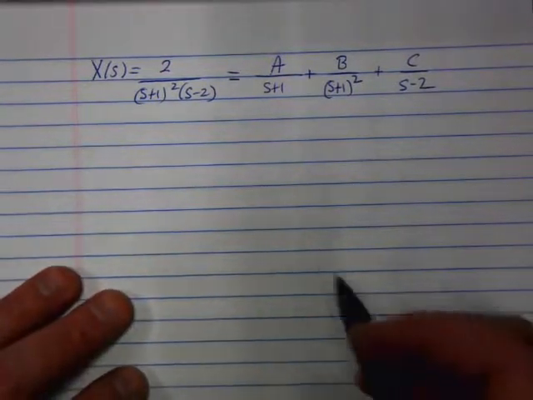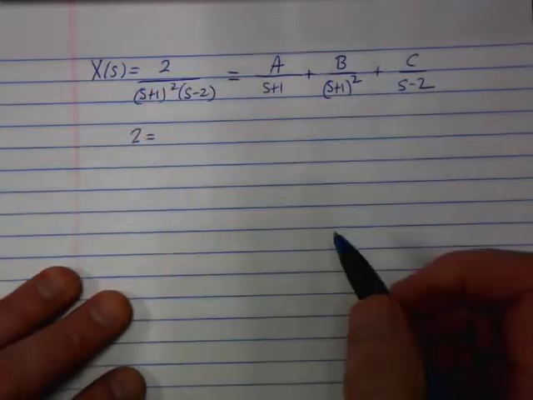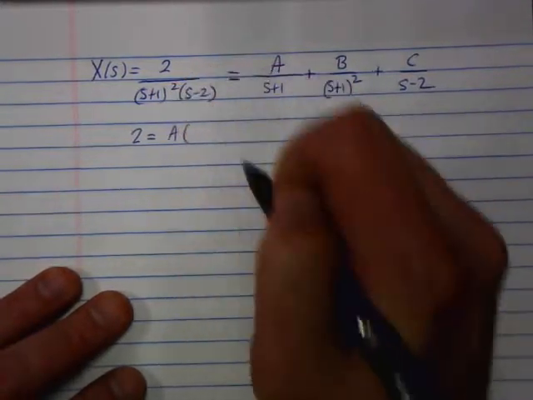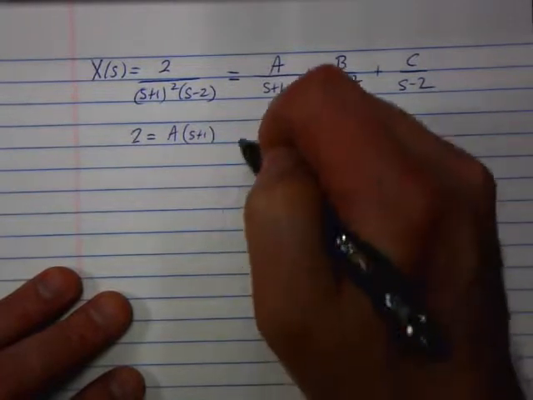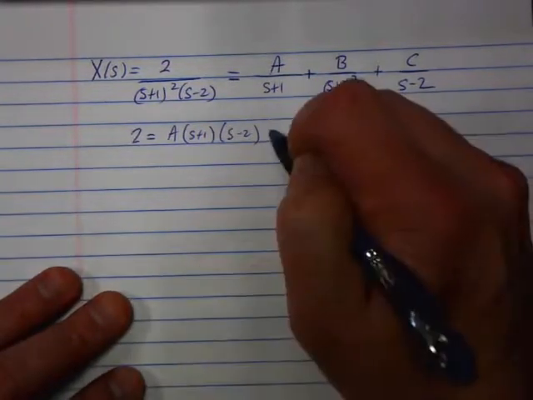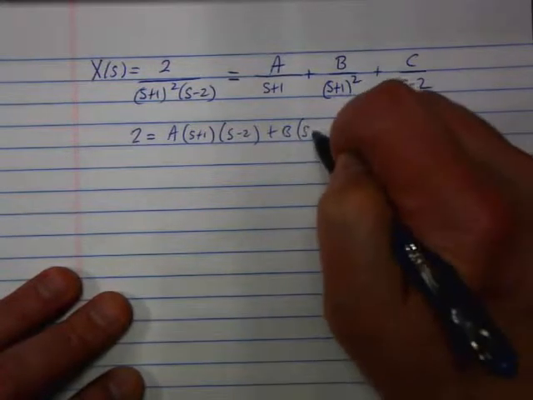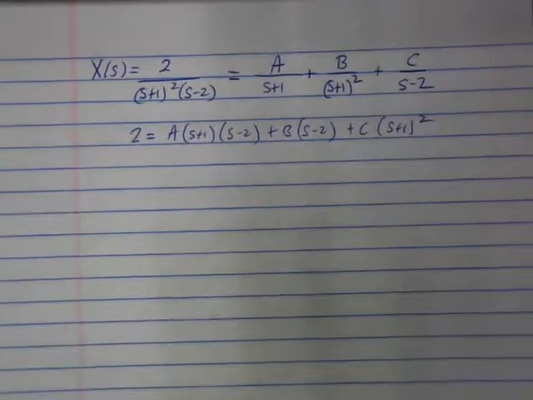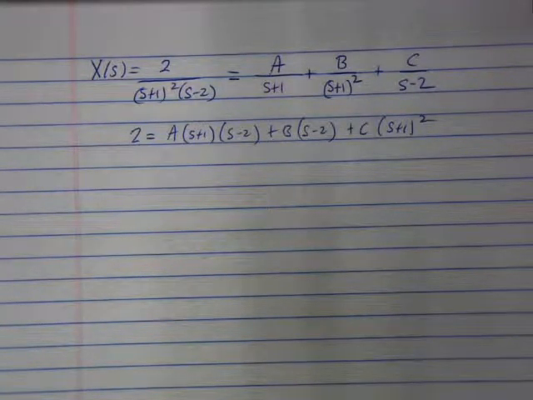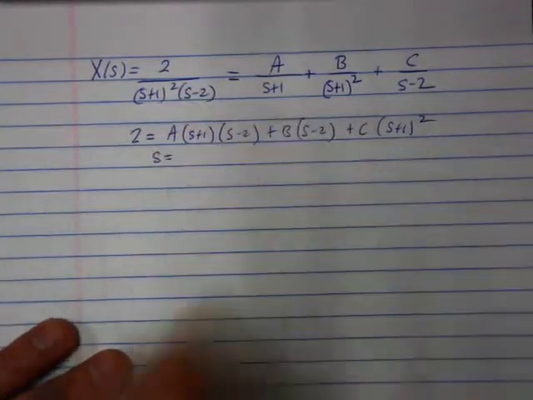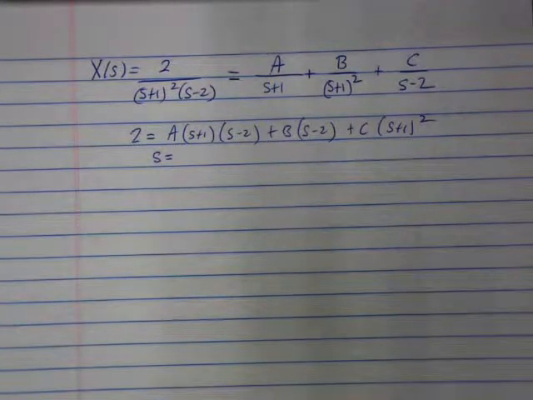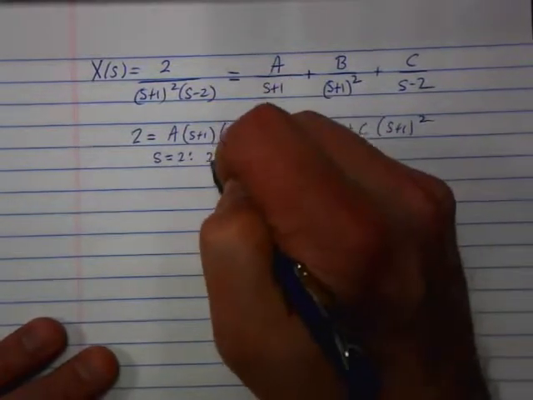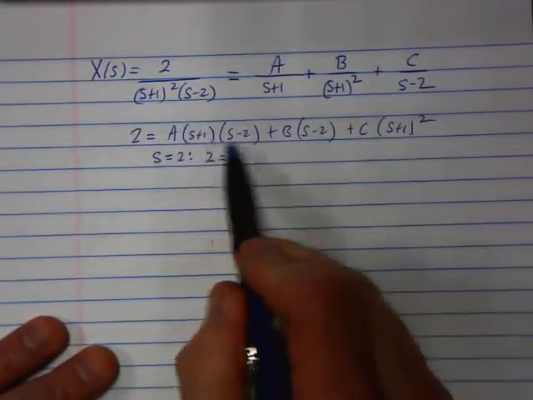Okay, we clear our fractions. We get 2 equals A times S plus 1 times S minus 2, plus B times S minus 2, plus C times S plus 1 squared. Pick your favorite number in the world for S. 2 is a great number. 2 equals, when I plug 2 in, I get 0 here, so this whole piece is gone.